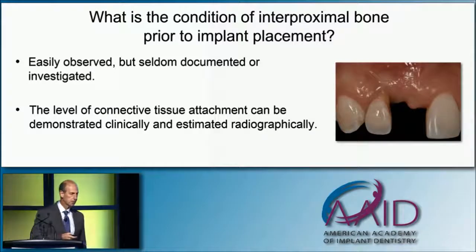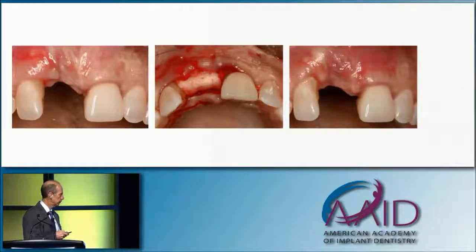Now, when we started asking about what is the condition of the interproximal bone prior to implant placement, we learned that clinical observations were one thing, and we could easily observe where the bone was clinically and using cone beam CT. Turns out it wasn't investigated in great detail. We also know that the level of the connective tissue attachment can be demonstrated clinically and estimated radiographically.